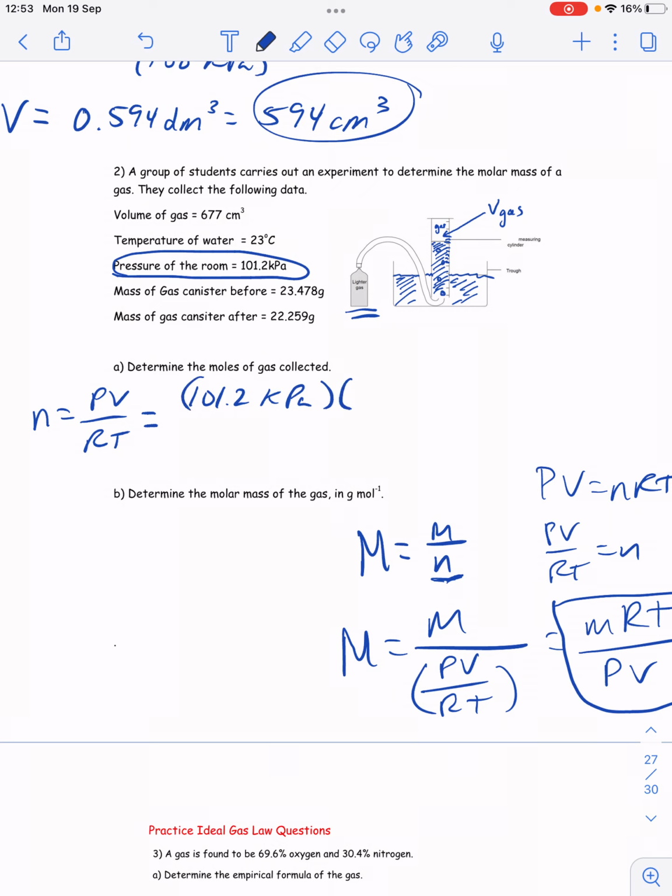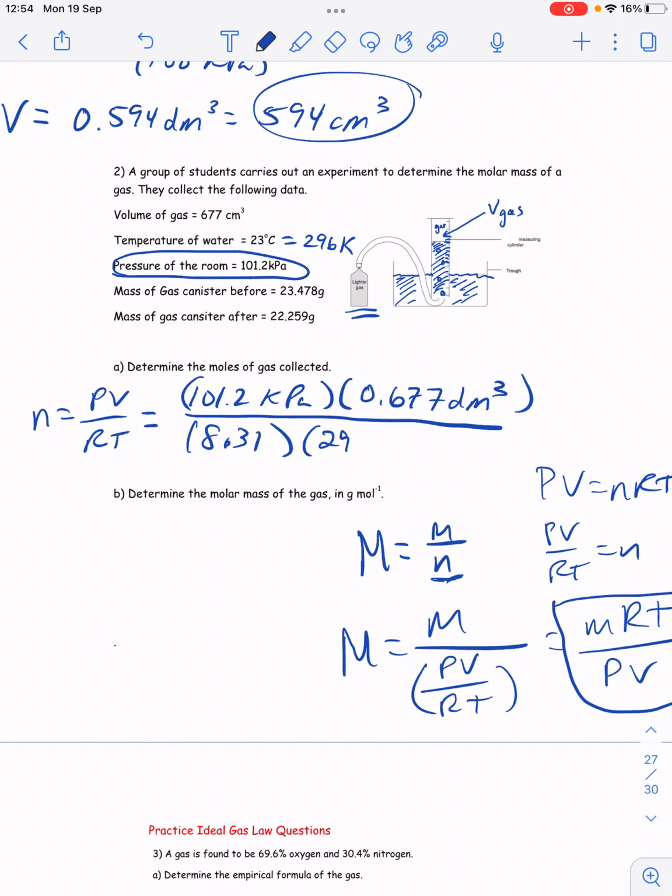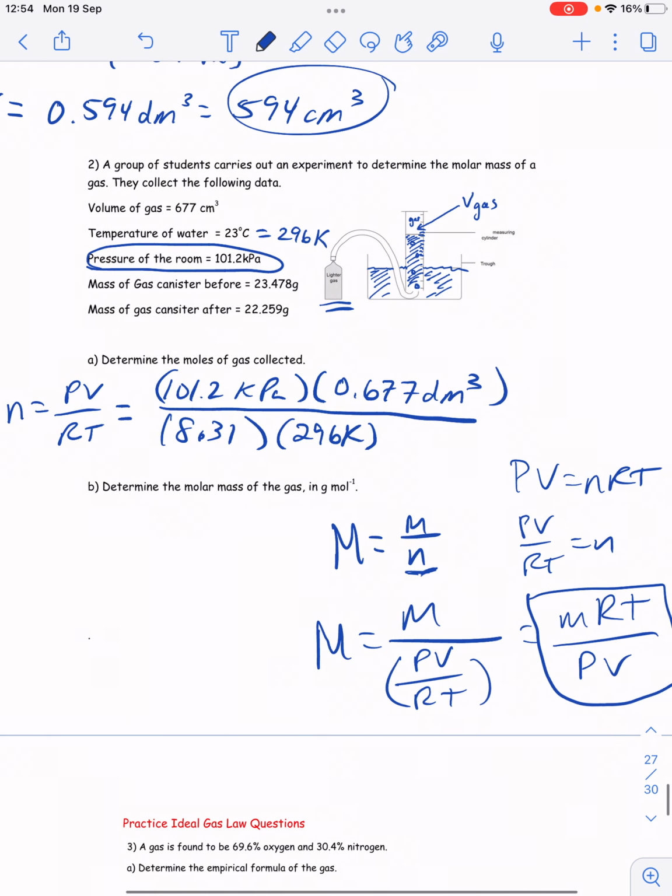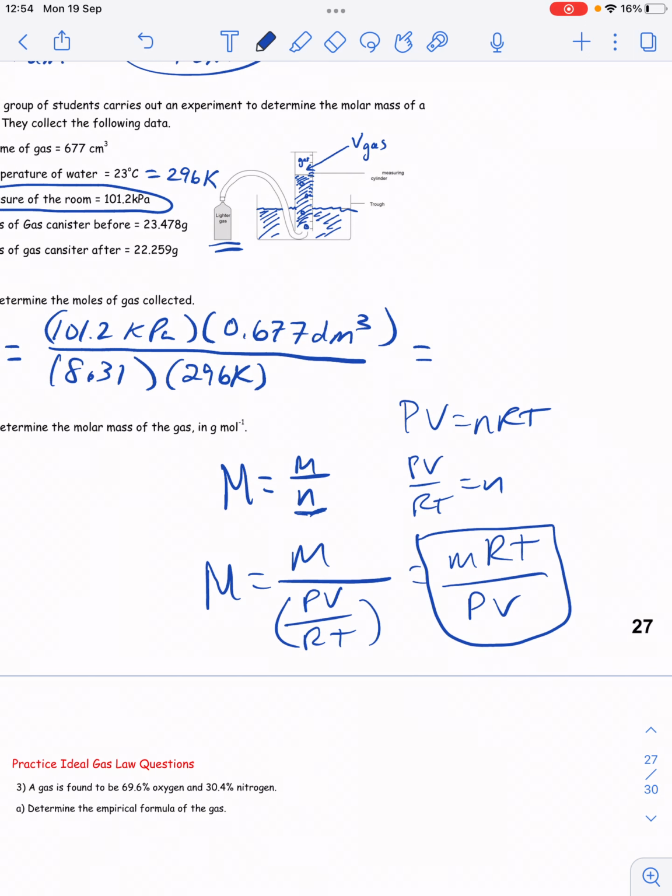When I use volume, I want to make sure that I use decimeters cubed. kPa goes with decimeters cubed. So I've converted that one quickly to decimeters cubed. I've got R, 8.31, and temperature here is 23 Celsius, which is 296 Kelvin. So just add 273. So when I plug those in, I get my mole value of 0.0279 moles about. So that's the answer to question 1.